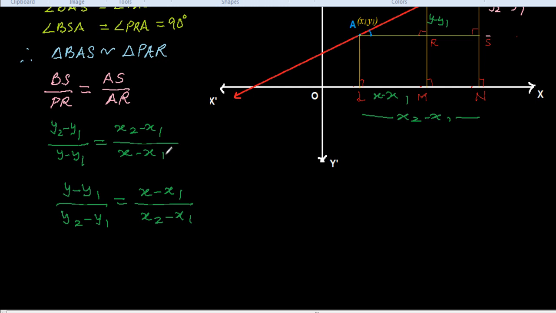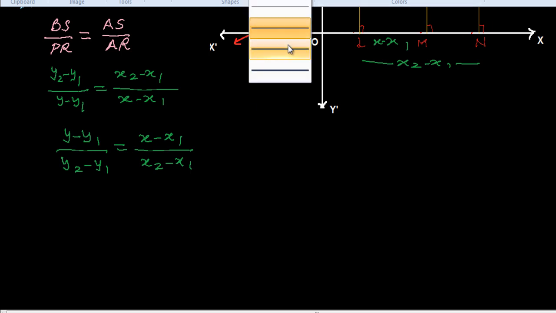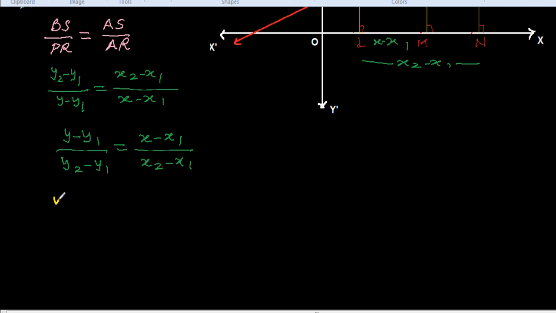Then y minus y1 remains here, and y2 minus y1 I transfer to the other side, so it will be y2 minus y1 upon x2 minus x1, and x minus x1 is here.